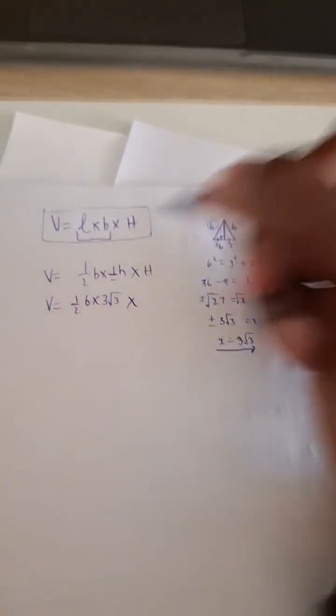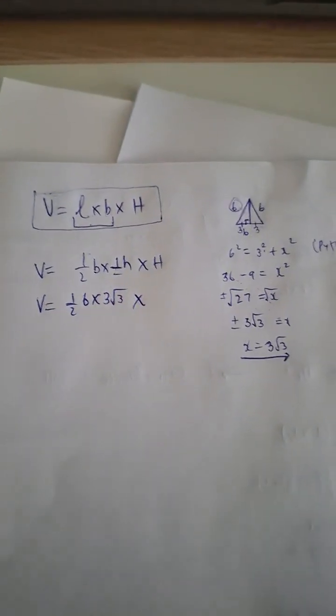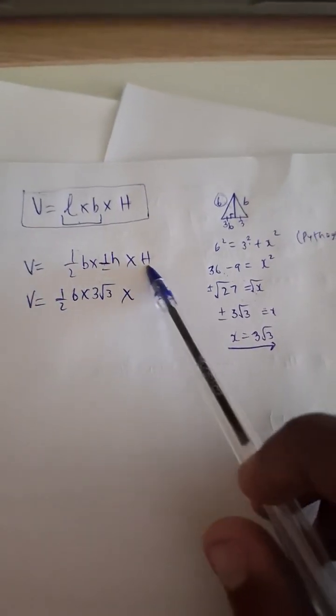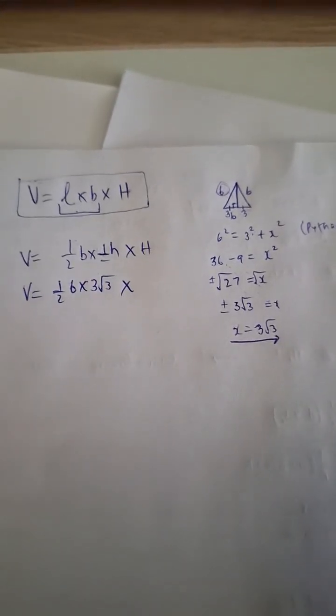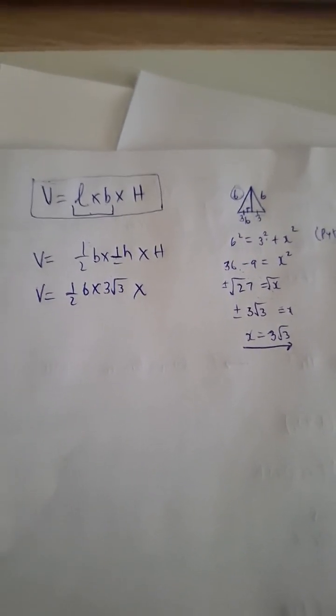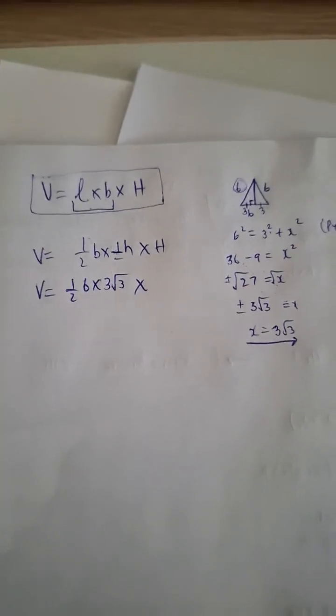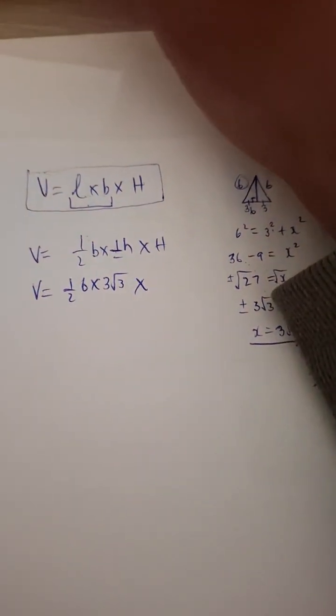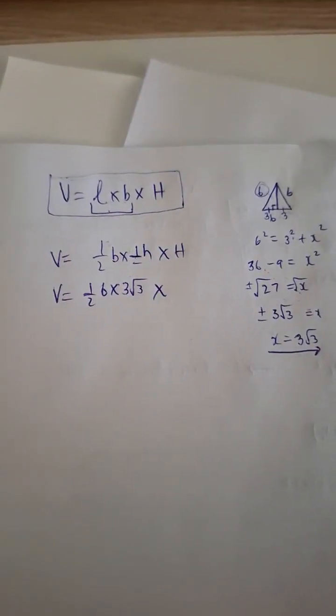The height is 3 root 3. Then we times it by the big height, the big perpendicular height, guys. That perpendicular height that we now want to substitute is the height of the entire three-dimensional shape.